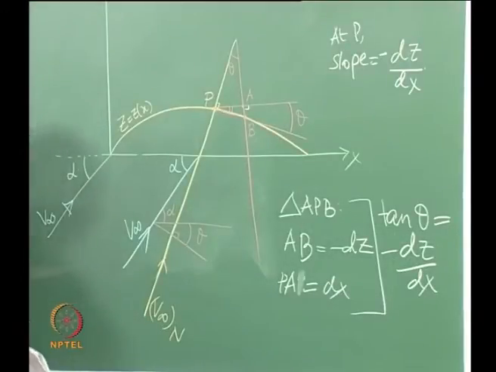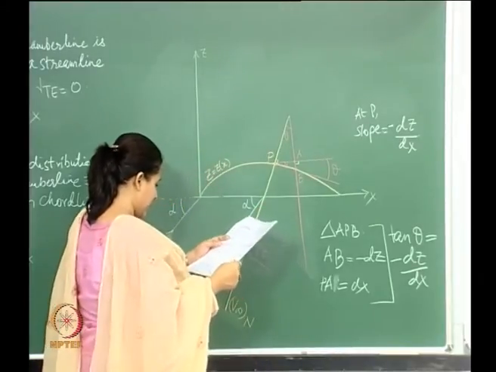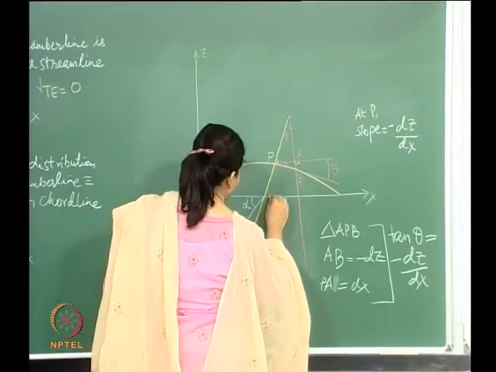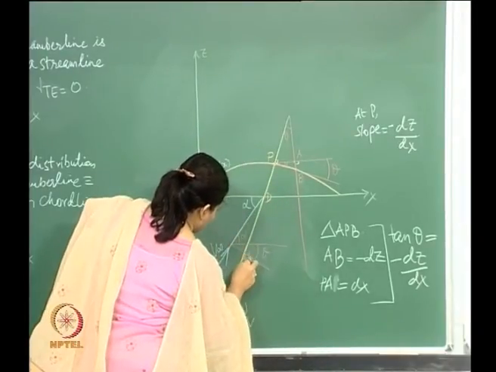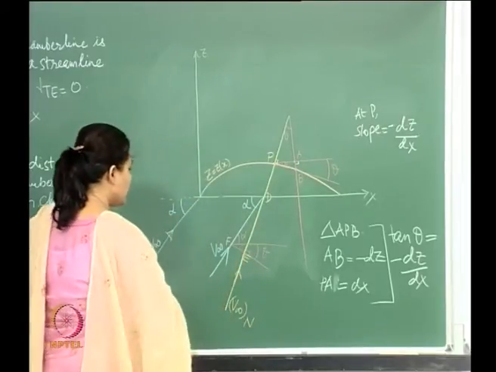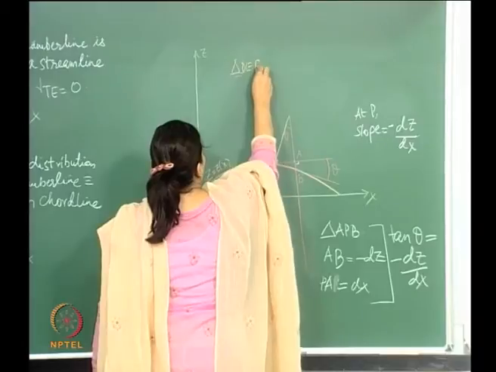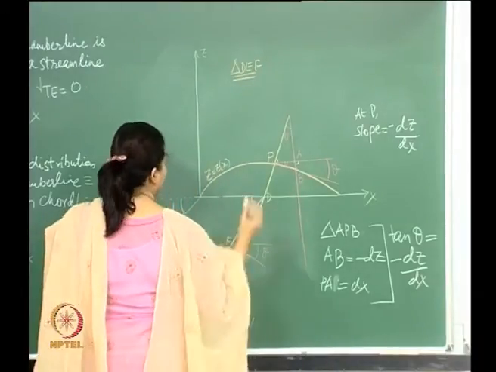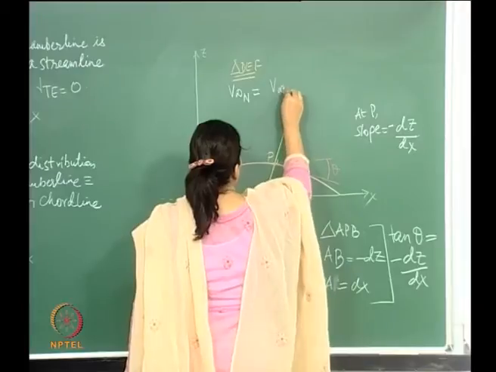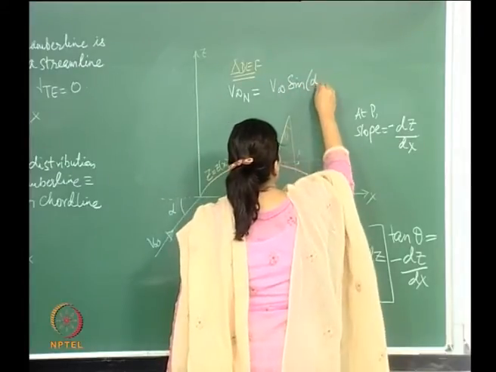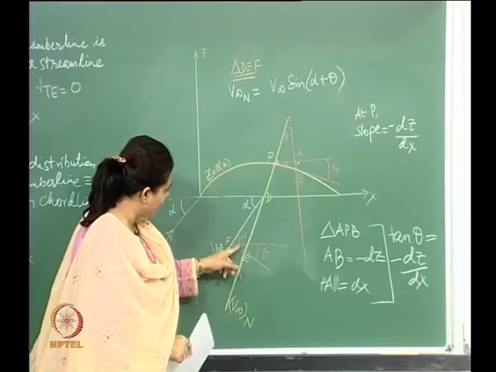If you look at this particular triangle, say D, E and F, you will see that the angle DFE is alpha plus theta.